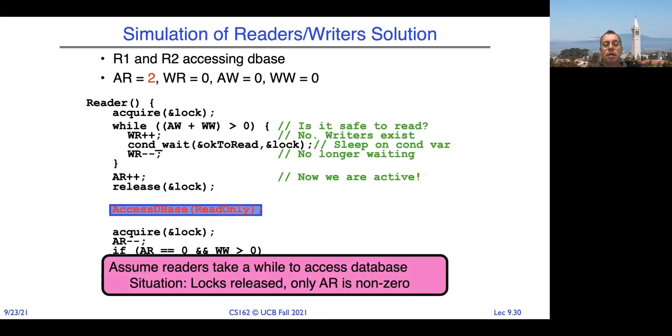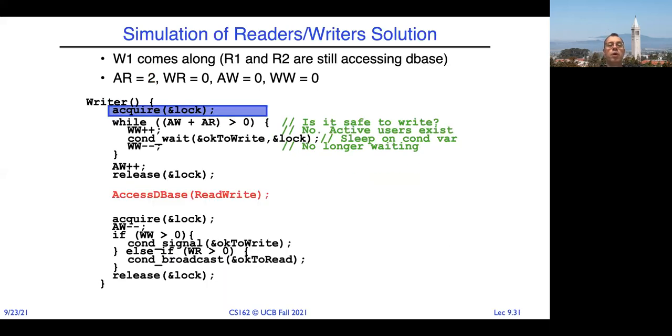Now assume the readers take a while to access the database, and during this time the writer W1 comes along. The writer is going to execute the writer code. It acquires the lock, and now it looks at active writers and active readers in the system.